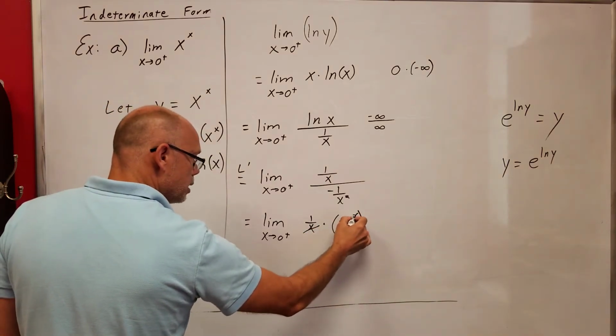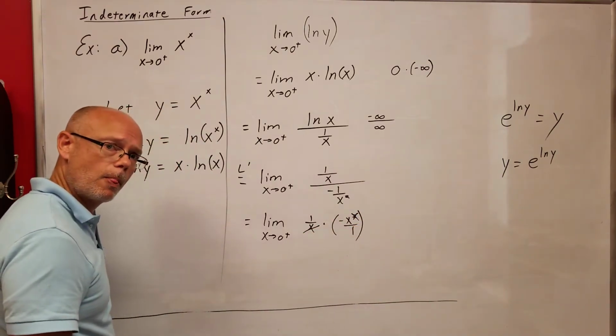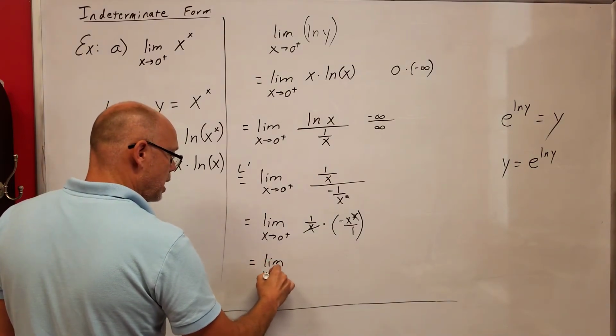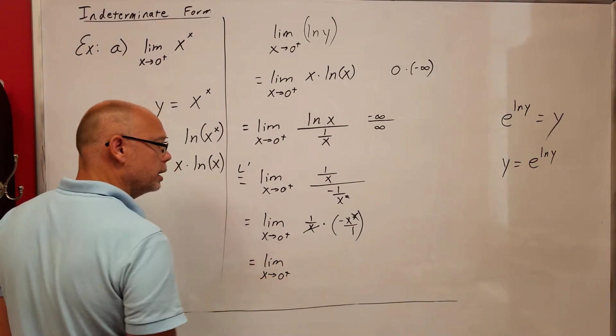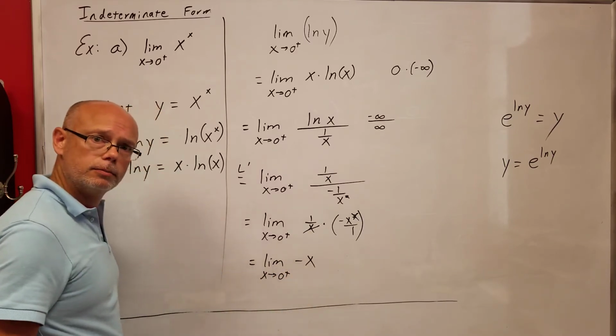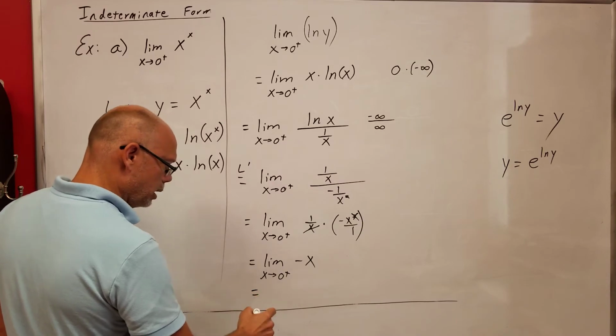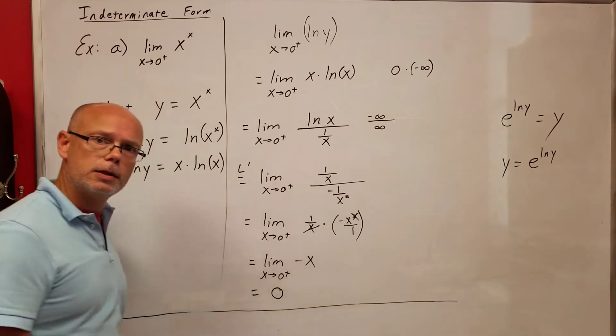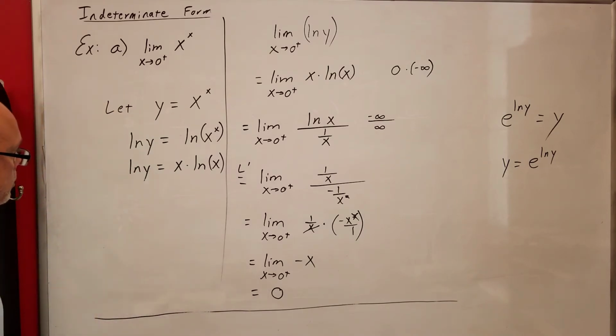This x divides out with one of those x's, and we get the limit as x approaches 0 from the right of negative x. So what does that give me? That gives me negative 0, or just what? 0. All right, so what did we just say here?